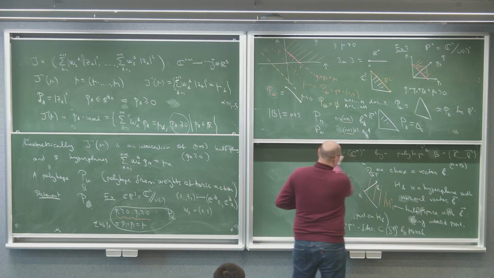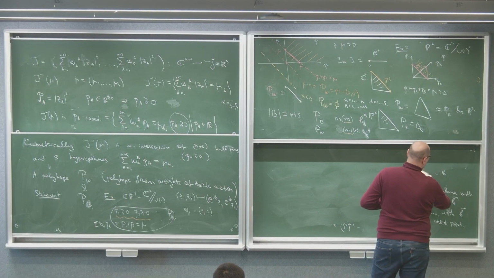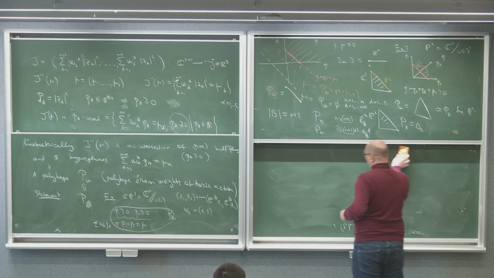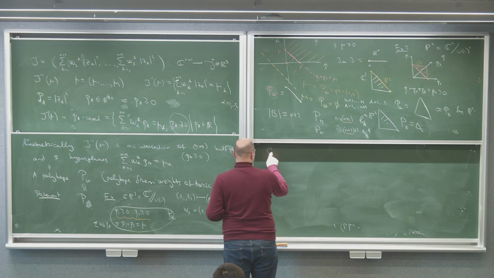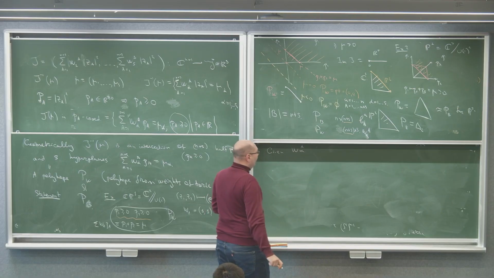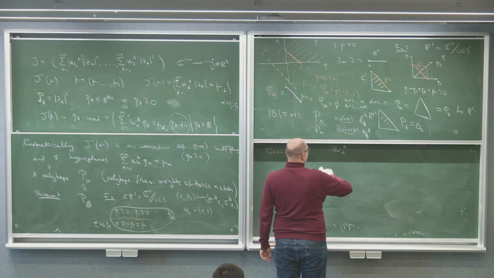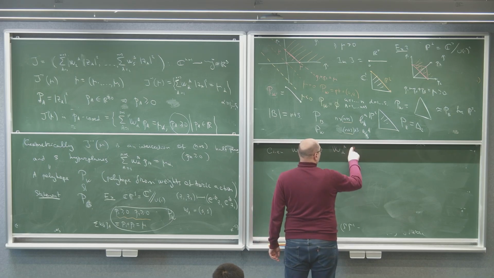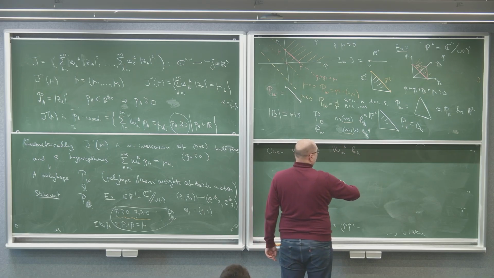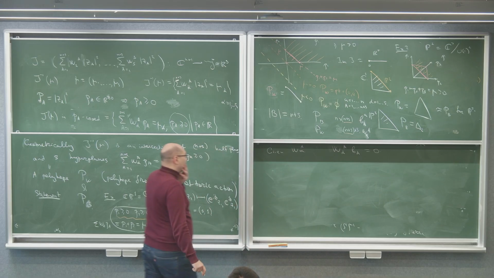So then, the way to go from one data to another: given this W A alpha, we can consider a collection of equations. We can look at this set of linear equations.